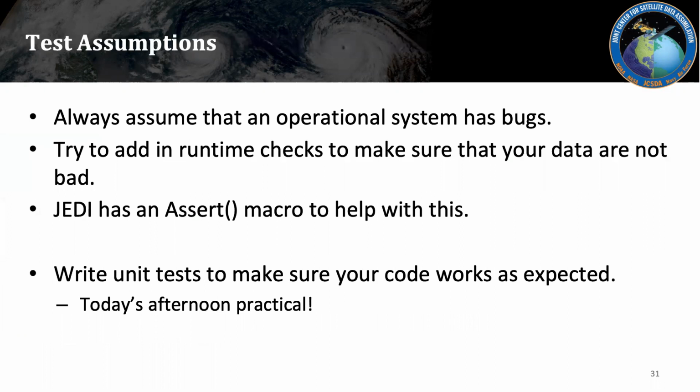One other thing: you should always test your assumptions defensively. If you're trying to do things like adding two vectors of data, first, before you add them together, make sure that the vectors have the same size. If you're reading any user input, make sure that it makes sense before you try and run based on that input.